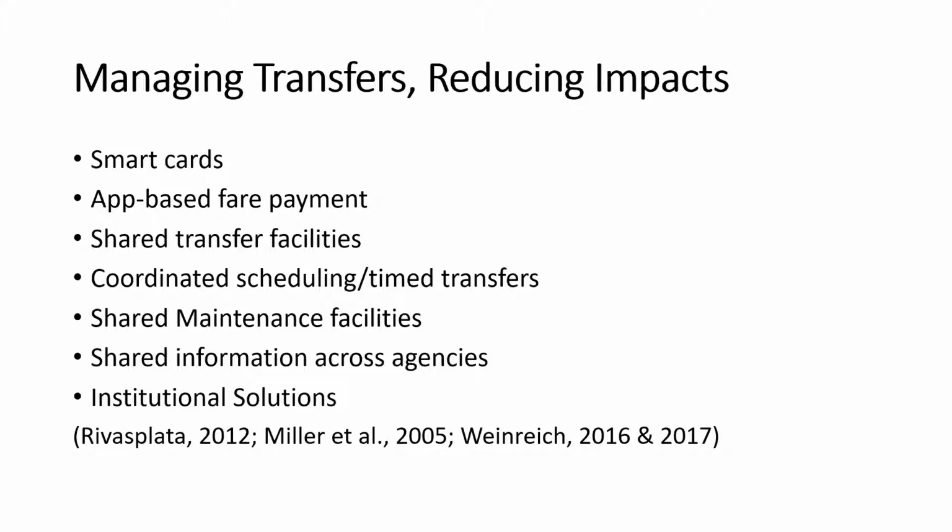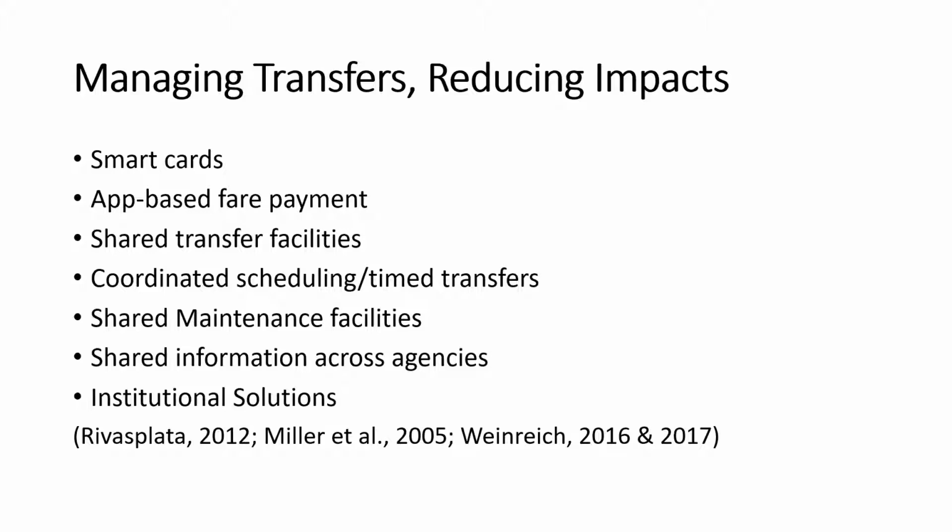But we also know that we can manage this cost with certain technologies like smart cards, app-based fare payment systems, shared transfer facilities, sometimes more than one transit service sharing the same facility, coordinated scheduling between vehicles. Shared maintenance facilities are another way that different transit agencies can facilitate coordination among routes.